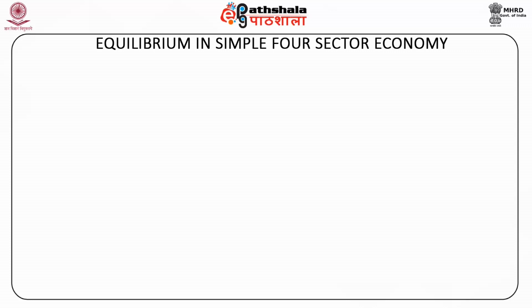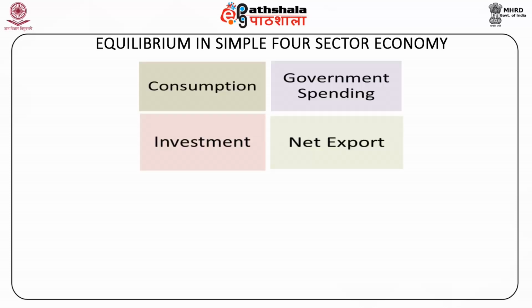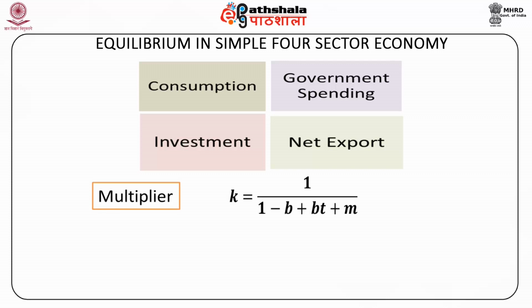Thus, the multiplier is given by the equation K is equal to 1 upon 1 minus B plus Bt plus m. The multiplier is now smaller than that in the simple two-sector economy. It should be noted that both taxes and imports are leakages from income and expenditure flows.